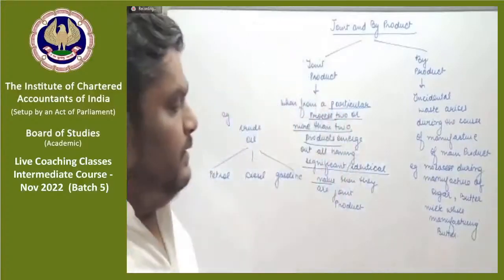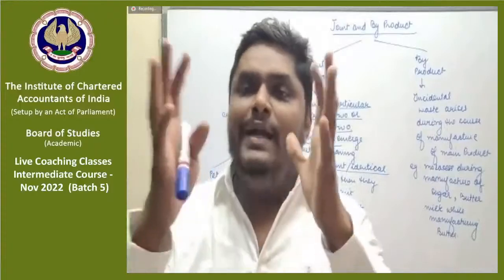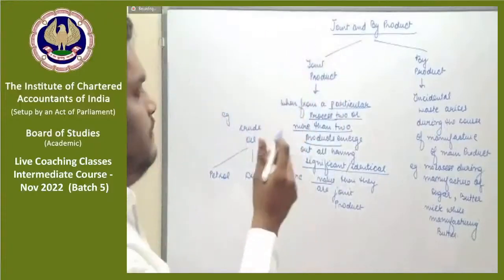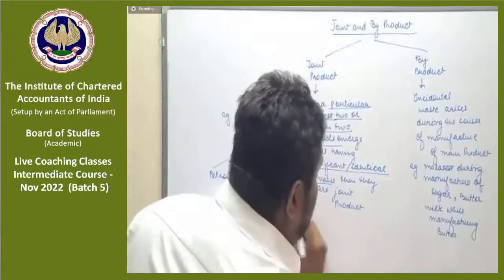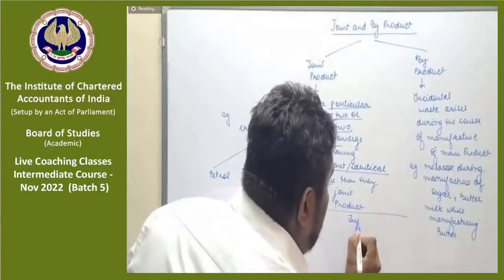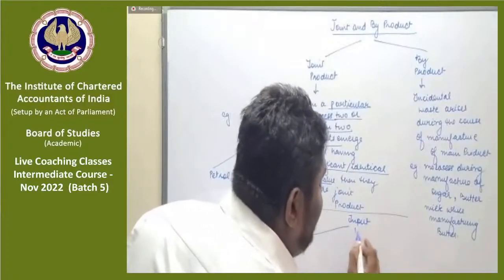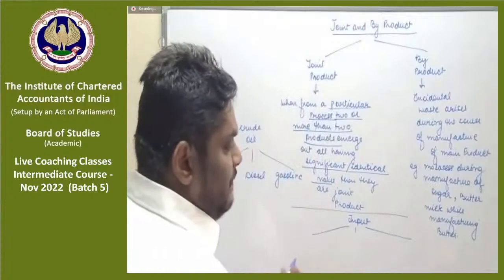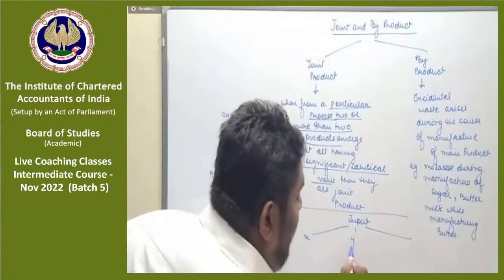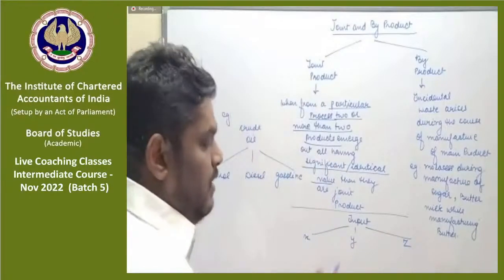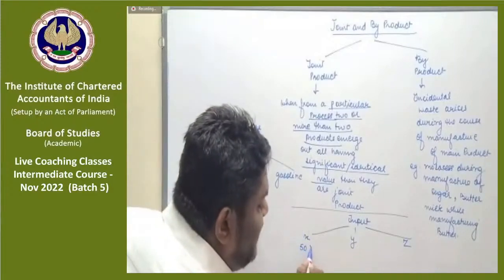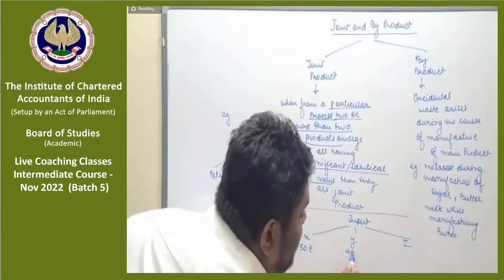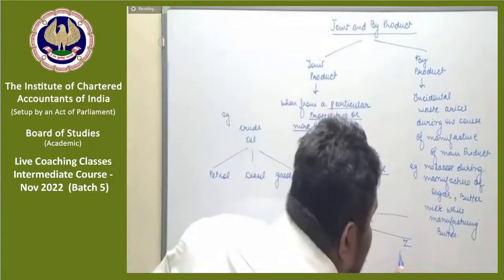Let's say there is an input from which I'm getting three products, X, Y, and Z. The value of X is 50 rupees, Y is 40 rupees, and Z is 50 paisa.